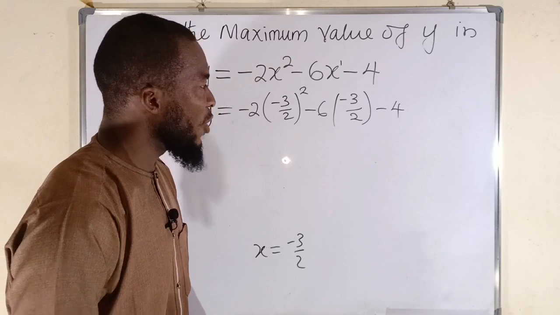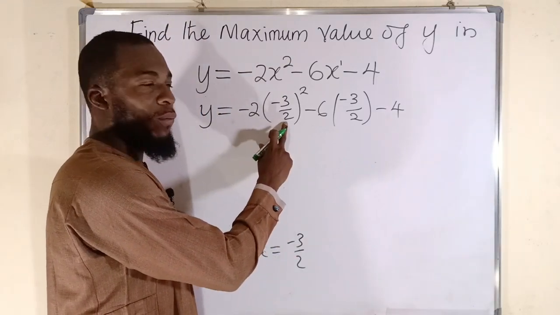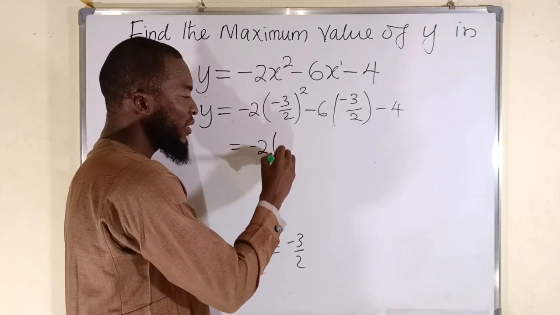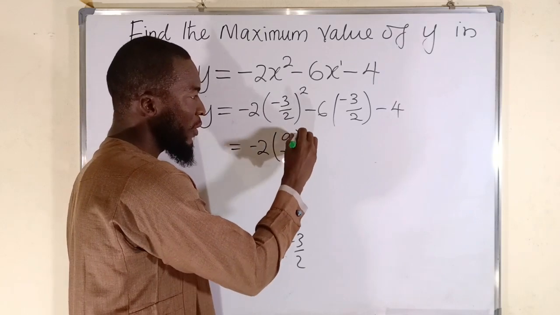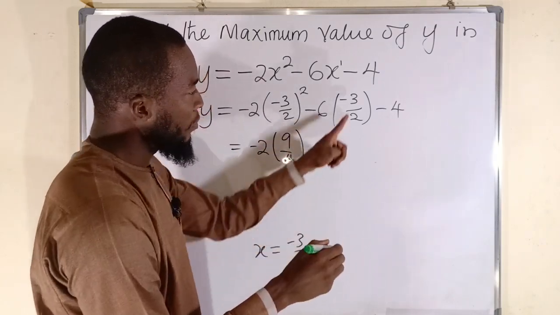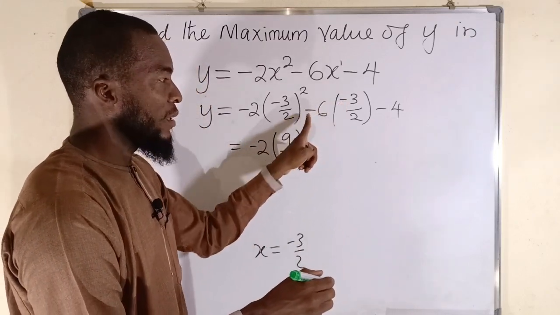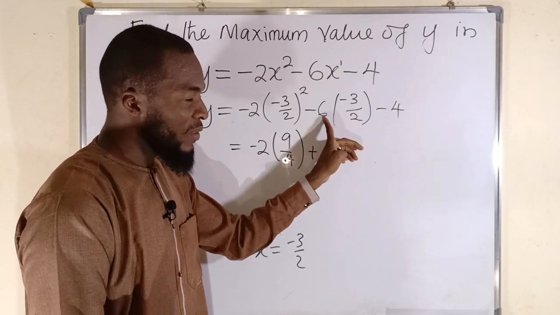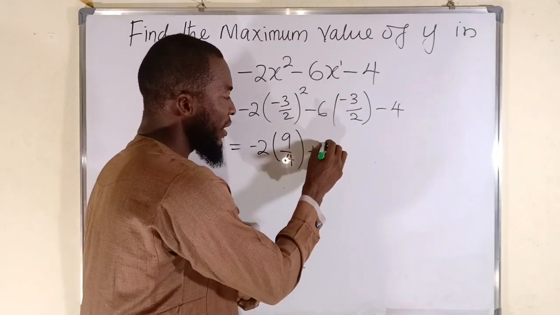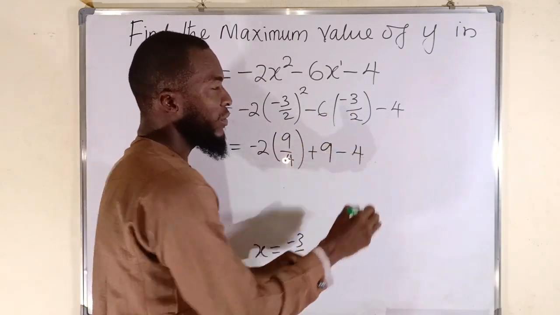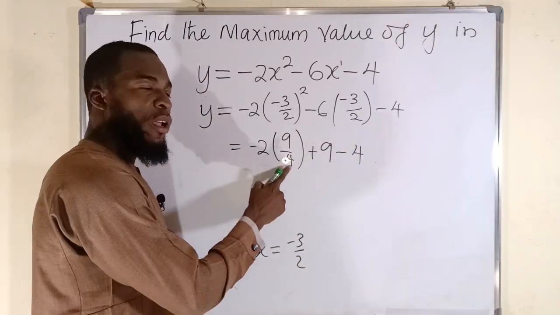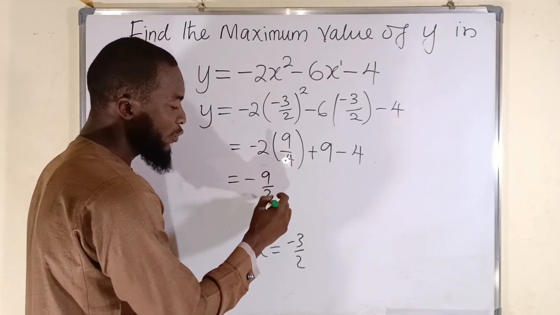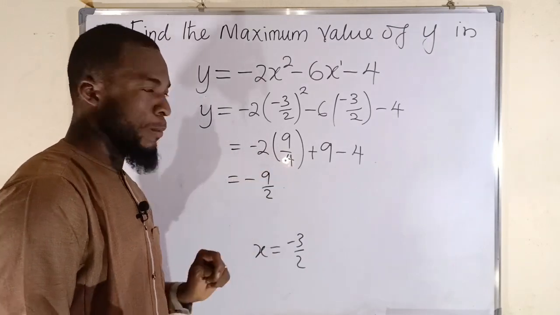Simplify and get the value of y. This to the power of 2 will give us 9 divided by 4. So this is negative 2 multiplied by 9 divided by 4. Minus, right? Minus times negative is plus, so this will become plus. And you know that 2 can go into 6 3 times. 3 times 3 is 9. Then we have minus 4. 2 can go into 4 2 times, so we have negative 9 divided by 2 because we have reduced 4 with 2.